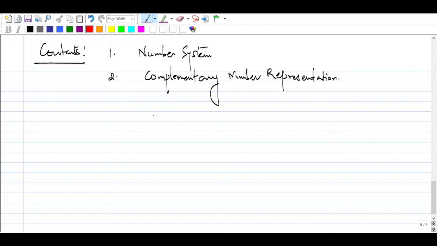So we will talk about number systems, different kinds of number systems. The very familiar one is the decimal number system, but basically we will be talking about hexadecimal, octal, and binary number systems. And we will talk about radix and base concepts, all those things.